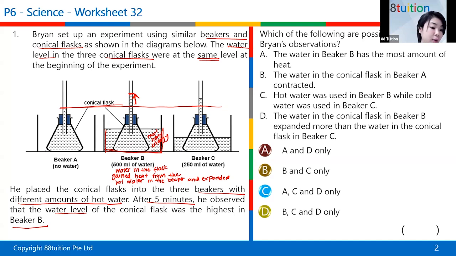Okay, so if we were going through the options, option A, Javen, is option A correct or wrong? Correct. Good. Okay, option B, Amelia, correct or wrong? Did the water in flask A contract? Yes or no?